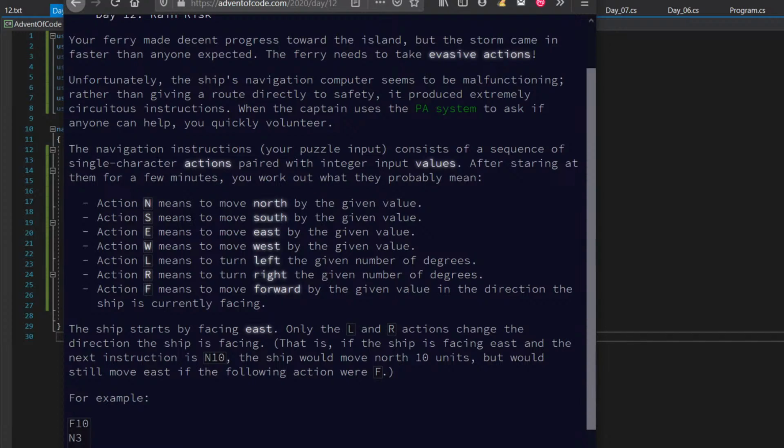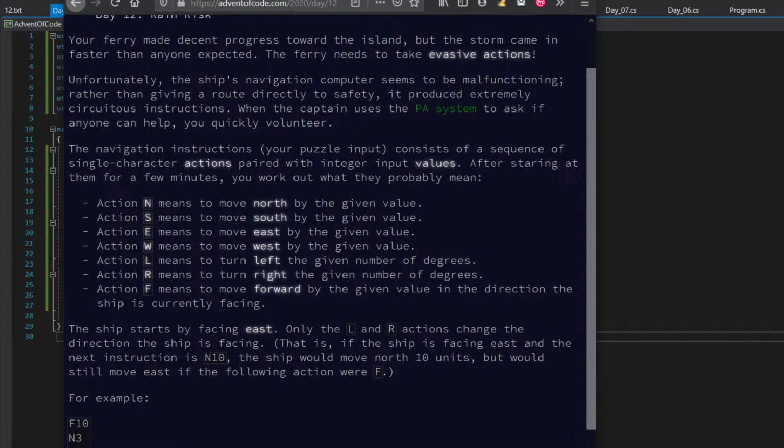The navigation instructions consist of a sequence of single character actions paired with integer input values. Action N means north, and likewise south, east, west. Action L means turn left the given number of degrees. Interesting. R means turn right the given number of degrees. F means move forward by the given value in the direction the ship is currently facing.